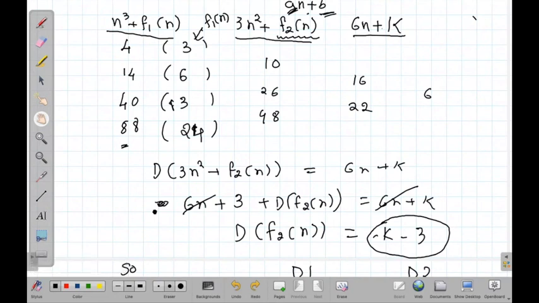So if we remove 2n squared, we can refine this as n cube plus 2n squared plus f1 of n. Let me rewrite the values. 3 minus 2 will be 1.